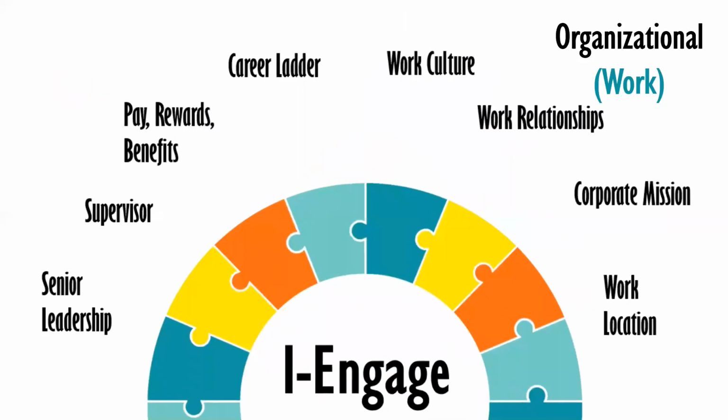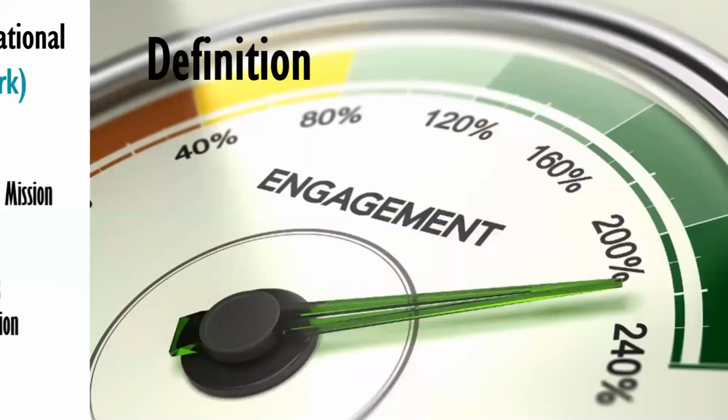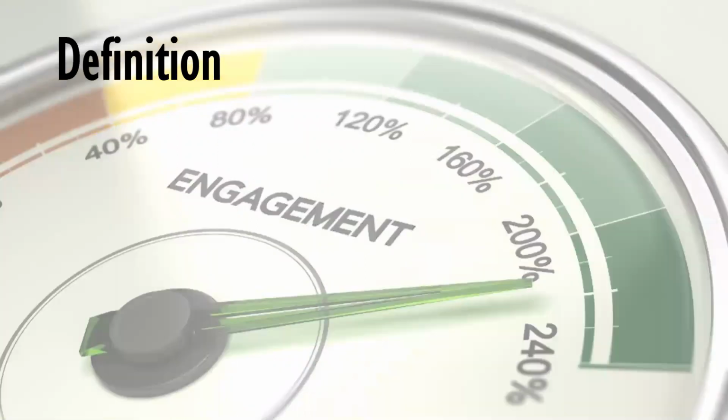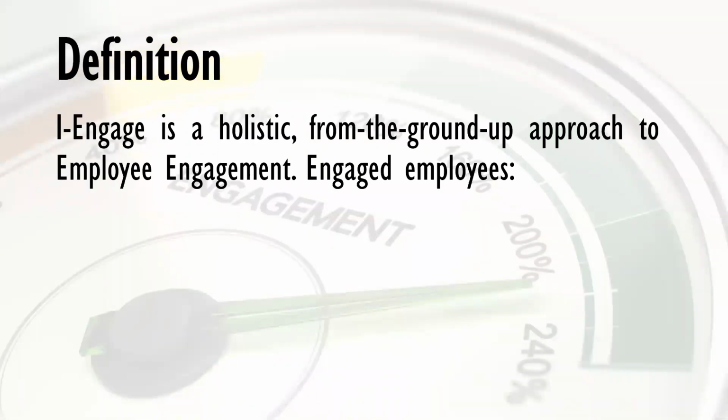The last point I want to make about the IEngage visual is, when you do have much of all of this taken care of, engaged employees stand out above and beyond the rest of the crowd of employees. Which brings us to the rest of our definition of IEngage. IEngage is a holistic, from the ground up approach to employee engagement.